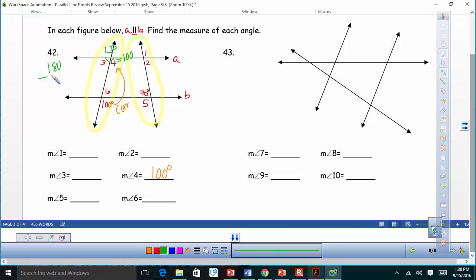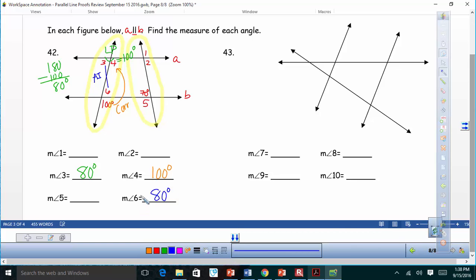It would be 180 minus 100. So 3 would be 80. Yes, Hunter? What about 3 and 6? They are alternate interior. So if angle 3 is 80, so is 6.